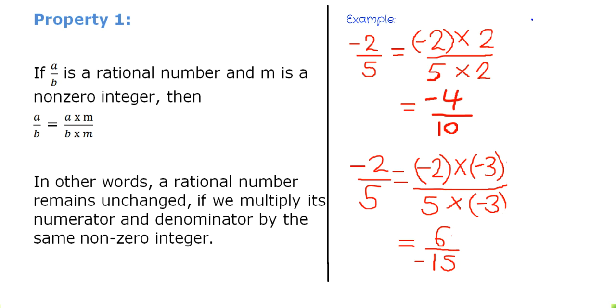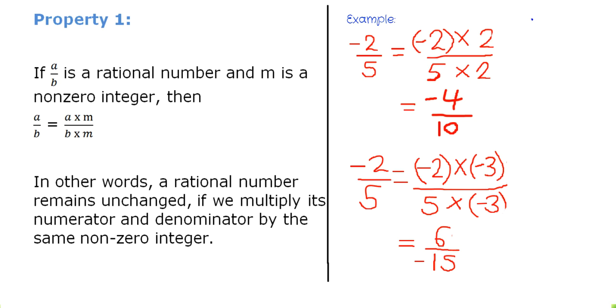In other words, a rational number remains unchanged if we multiply its numerator and denominator by the same non-zero integer. Guys, do you remember this property of rational numbers is the same as that of the properties of fractions, which says we can multiply the numerator and denominator of a fraction by the same number and it remains unchanged.